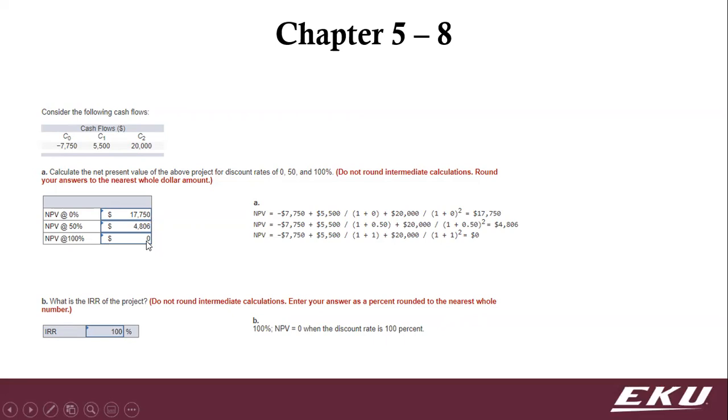So that's where your IRR is, right? Oh, that's what B is, right? It says the IRR is equal to that 100% because that's where NPV is equal to zero. So the higher your interest rate, the lower your NPV, and that's why we get that downward sloping line, right? So yeah.